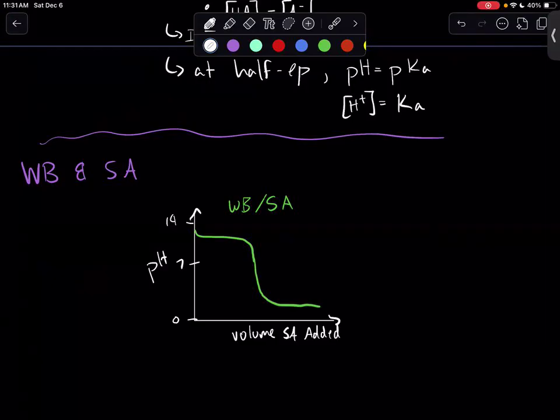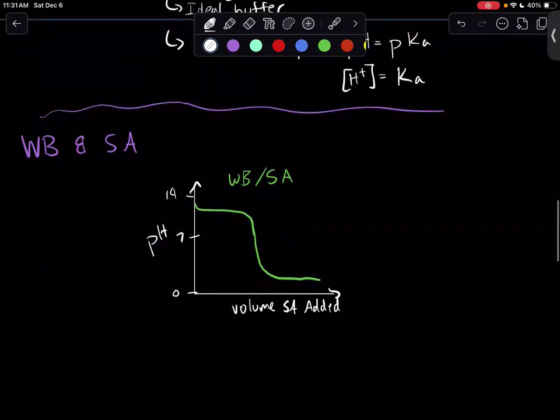You'll notice quite a few similarities here. First off, if we look at our equivalence point, you'll notice that this is less than 7. So we can write down that the equivalence point is less than 7. And once again, that's because the conjugate acid of the weak base is now creating an acidic salt.